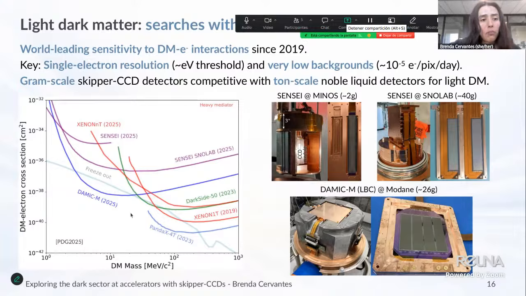And in the right plot, you can see the current constraints for a specific light dark matter model in this parameter space of dark matter electron cross-section and dark matter mass. As you can see in the left part of this graph, the constraints from SENSEI and DAMIC-M, which are skipper-CCD experiments, are dominating the field.